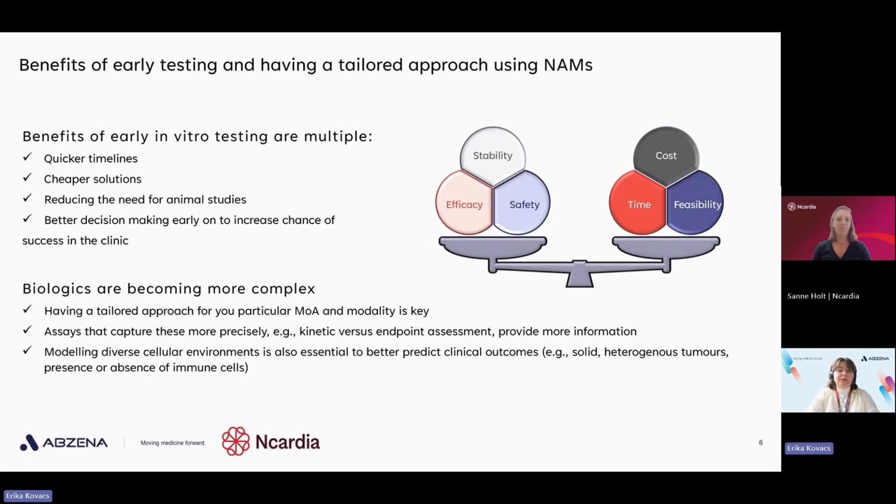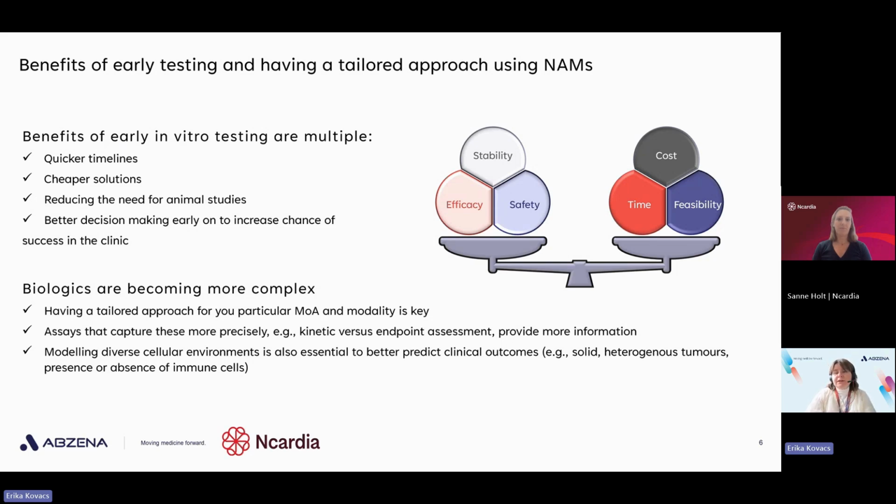And this is what we have seen before, and we have developed, for example, kinetic assays versus endpoint assessments, model different cellular environments, for example, solid heterogeneous tumors, presence or absence of immune cells, and we have built quite a compelling case study in terms of Kadcyla and HER2 that actually shows that these type of NAM approaches can predict clinical outcomes that we later on see in the clinic.